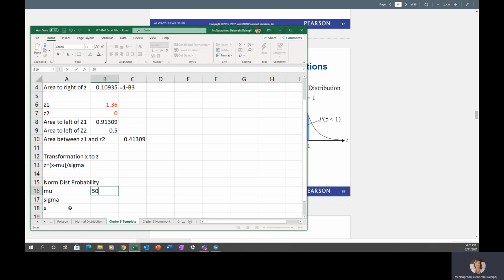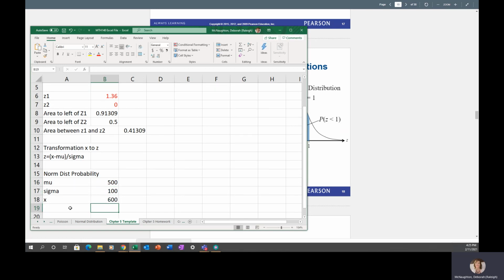So for this case, my mean was 500, my standard deviation was 100, and my x value was 600. And then I want the probability that x is less than or equal to this x, the 600, so I'm just going to call that little x. So I want the area to the left.